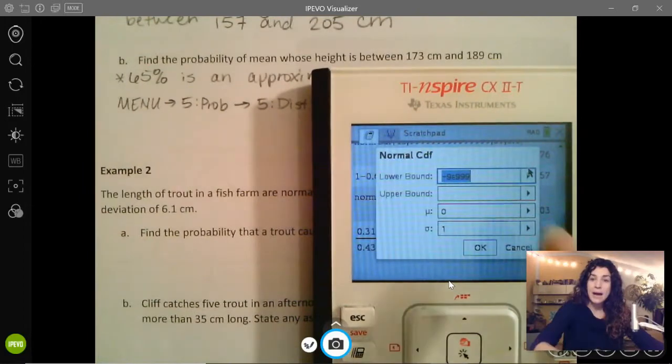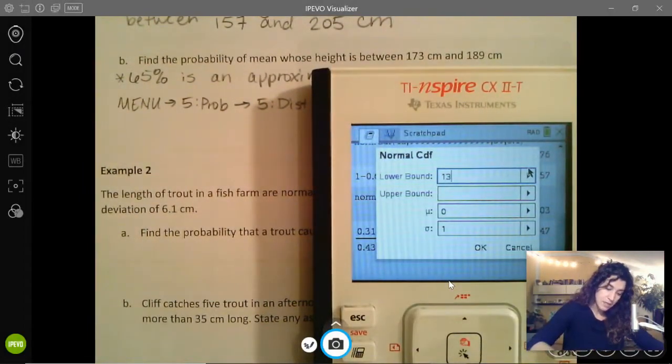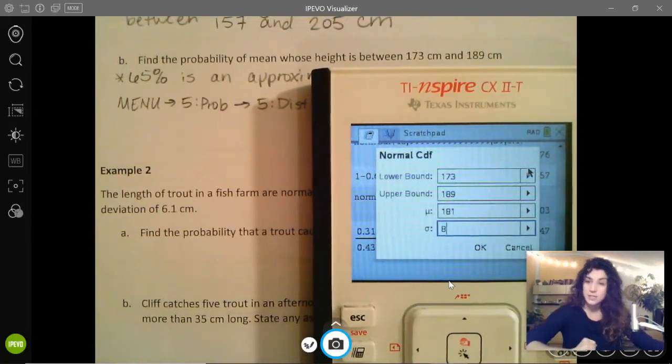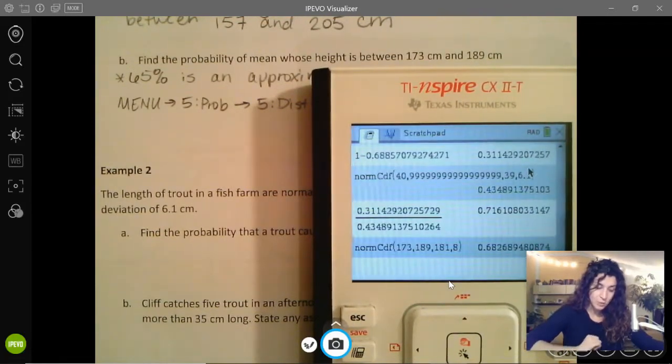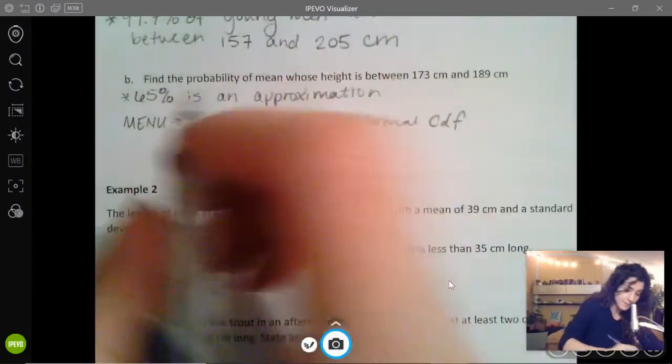So our lower bound on this is going to be 173. Our upper bound is going to be 189. Our mean is 181, and our standard deviation is 8. We get 0.683 as our probability.